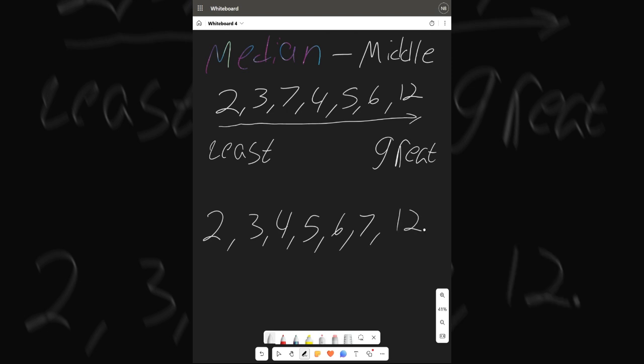Now we can find the median. All you got to do is count towards the middle. I like to sit here and scratch out both sides until I get the same number of scratches on both sides, and that helps me find my middle. So my median is 5.